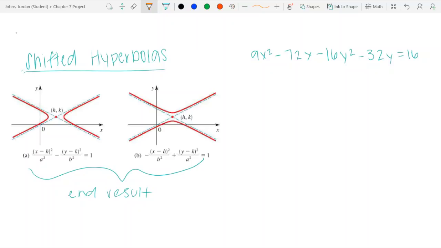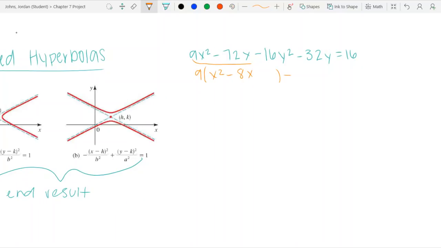That means we're going to take 9 out of the x terms, so it'd be x squared minus 8x, leave a blank in the parentheses, and take the 16 out of the y terms, so it's going to be minus 16 parentheses y squared minus 2y, leave a space, equals 16.